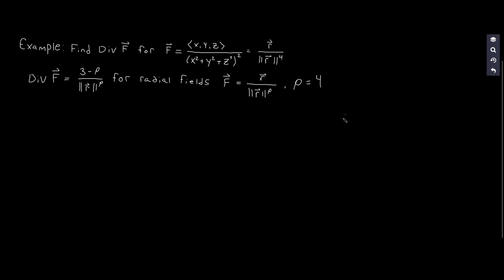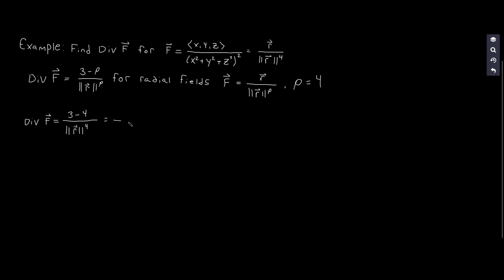So then we can just plug this into our formula to calculate the divergence of vector f. Let's see, 3 minus rho, and rho equals 4. So we'll have 3 minus 4 up top. On the bottom, it's vector r's magnitude raised to the power of rho, which is 4. So raised to the 4th power.